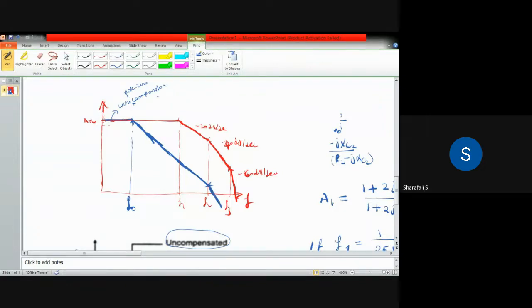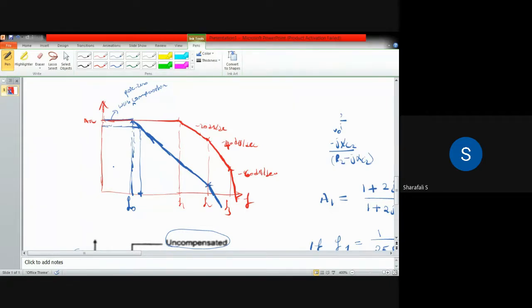So what is the advantage of this pole zero compensation? If you consider this F0 and the bandwidth, it is still less than that of the uncompensated case. But in this case, we get a bandwidth which is higher than that of the dominant pole compensation. So the bandwidth is increased as compared to the dominant pole compensation. That is the advantage.